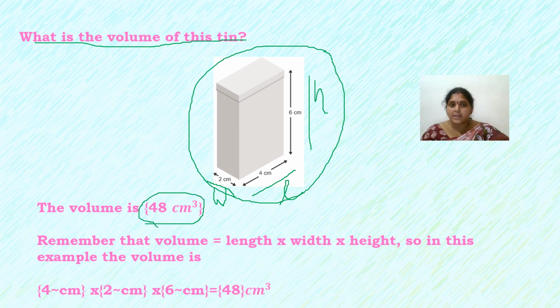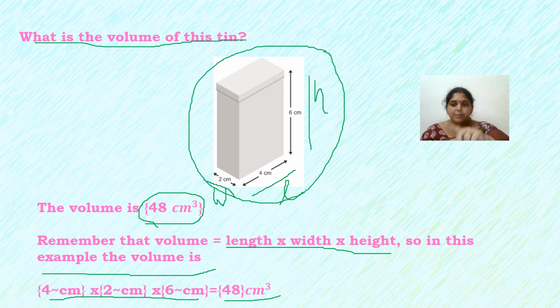How you got this? Remember that volume is equal to length into width into height. So, in this example, the volume is 4 into 2 into 6. 4 2s are 8, 8 6s are 48 centimeters cube. You have to multiply all the sides, then only you will be getting the volume of the given picture.